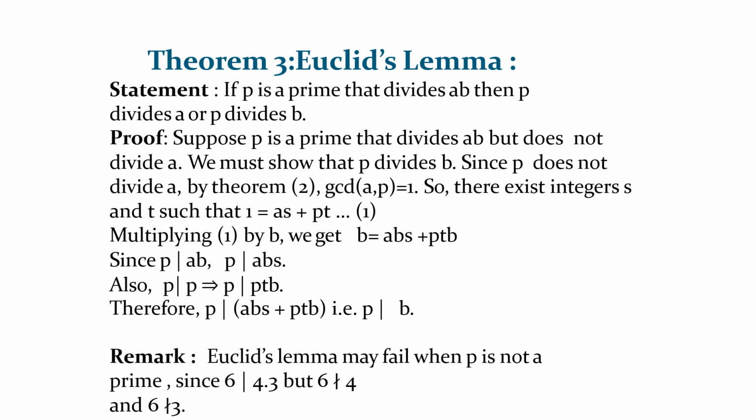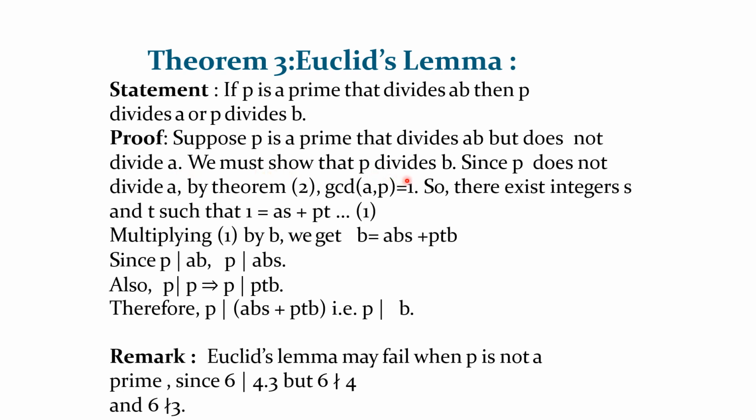Suppose p is a prime that divides a into b but does not divide a. Because if p divides a, then obviously the result is true. So we are assuming that p does not divide a. Then we have to prove p divides b.